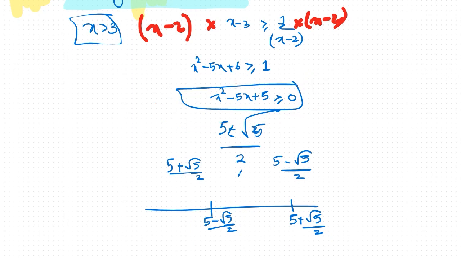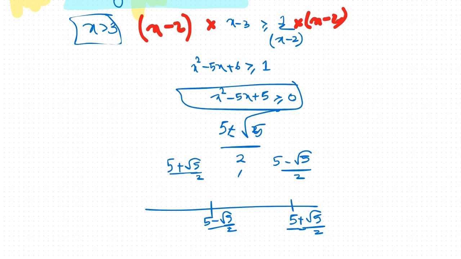If it's greater than the root. Can you simplify how much is this? What is the value of 5 plus root 5 or 5 minus root 5?